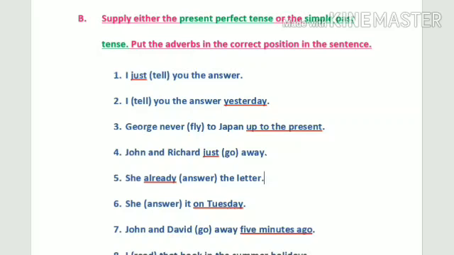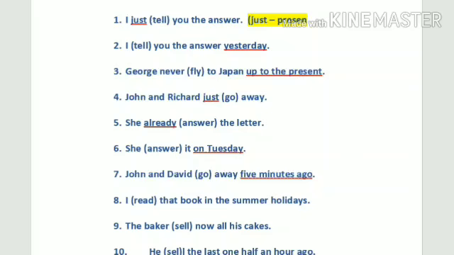Let's read the first sentence. I just tell you the answer. Now here you see the word that I have underlined here is just. This is the time marker. Just is used with the present perfect tense. And we know how to write a sentence in present perfect tense, right?